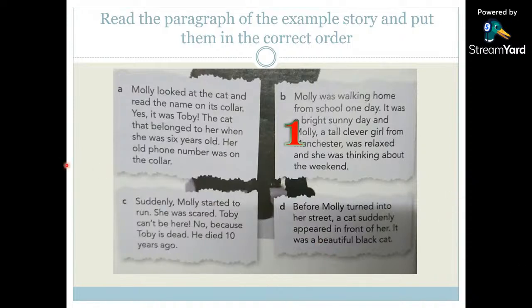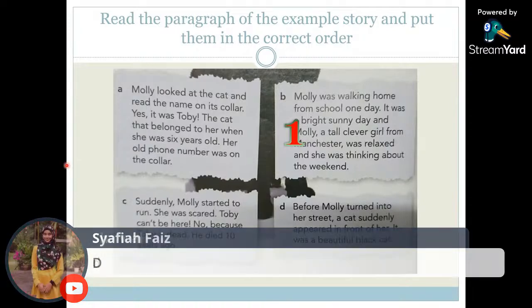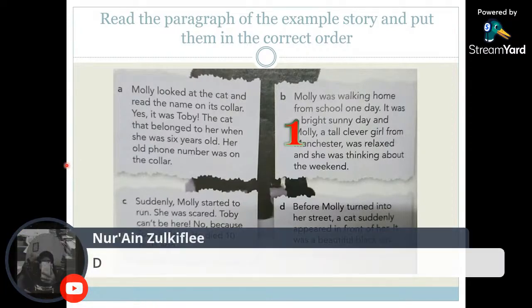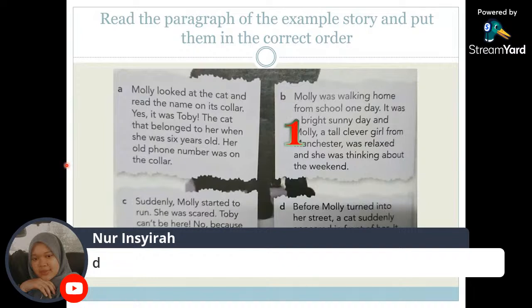Okay, a few people have responded. And all of these people responded said the second one is D.